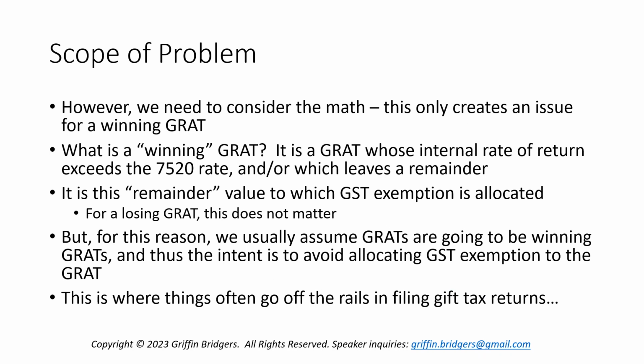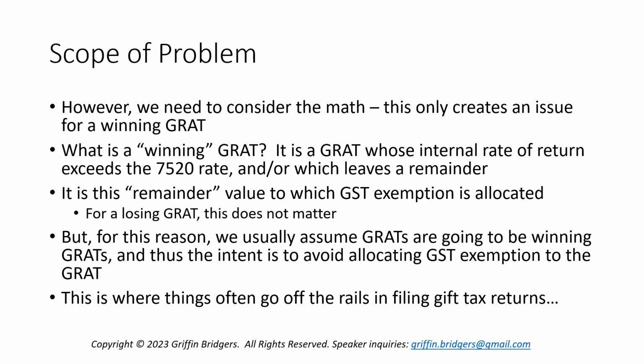But in either way, you end up potentially with an issue because if you allocate GST exemption to a losing GRAT, that GST exemption could potentially be wasted, but luckily the ETIP rules prevent us from being able to do so. But at the same time, if the GRAT is going to be a winning GRAT, we hope for that, but we have no idea what that remainder value is going to be at the end.